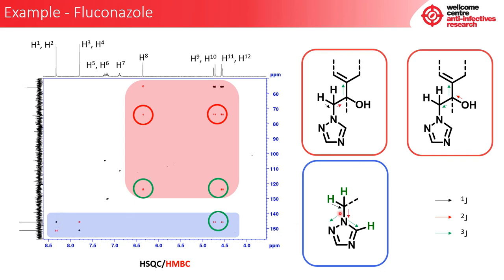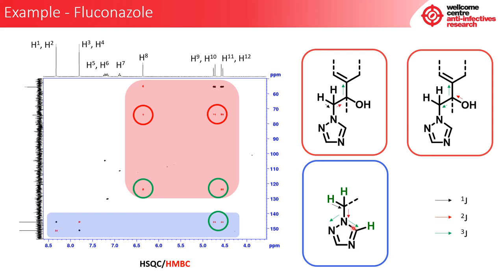So looking at the bonds again, black, red and green, going in this green direction here for 3 bonds away, you end up on this nitrogen atom that doesn't contain a hydrogen on it at all. Now that's okay, because a HMBC can measure quaternary elements, but because the HMBC that we measured was a proton-carbon correlation, this means that this cannot be seen in the HMBC.